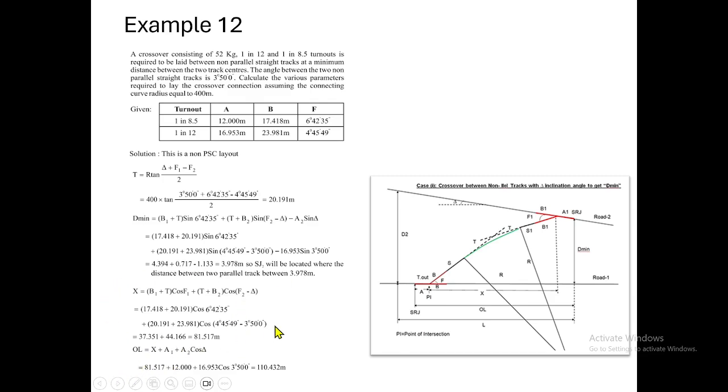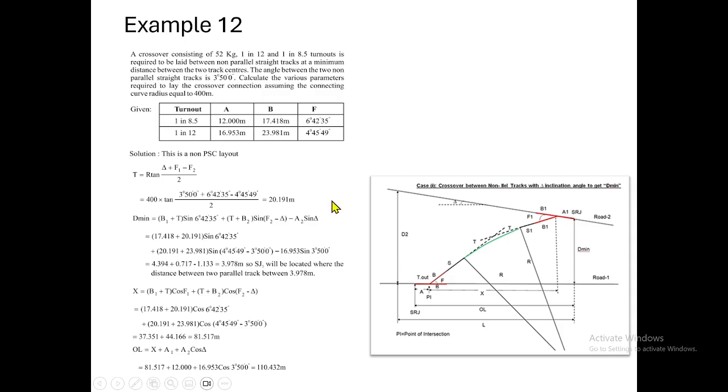That is the x distance. Once we know x, we can find the overall length: x plus a1 plus a2 cos delta. Here cos delta we have to use because it is not horizontal, it is inclined. Horizontal distance equals a1 cos delta. Using the relation, we find the overall length equal to 110.432 meter. This is about the example.